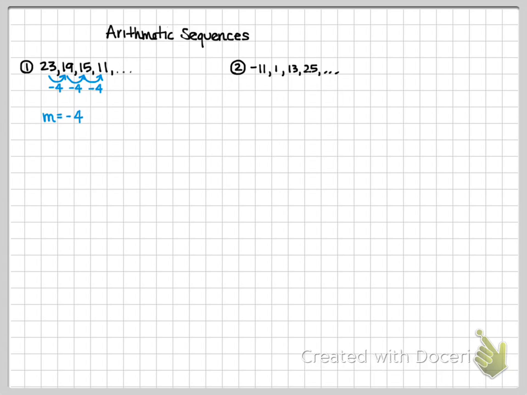The next thing that I need to be able to do is find my zeroth term. So if I were to go backwards, let's take a look at the sequence up here and just copy down what I started with. What I'd be looking for is the term in front of the 23.